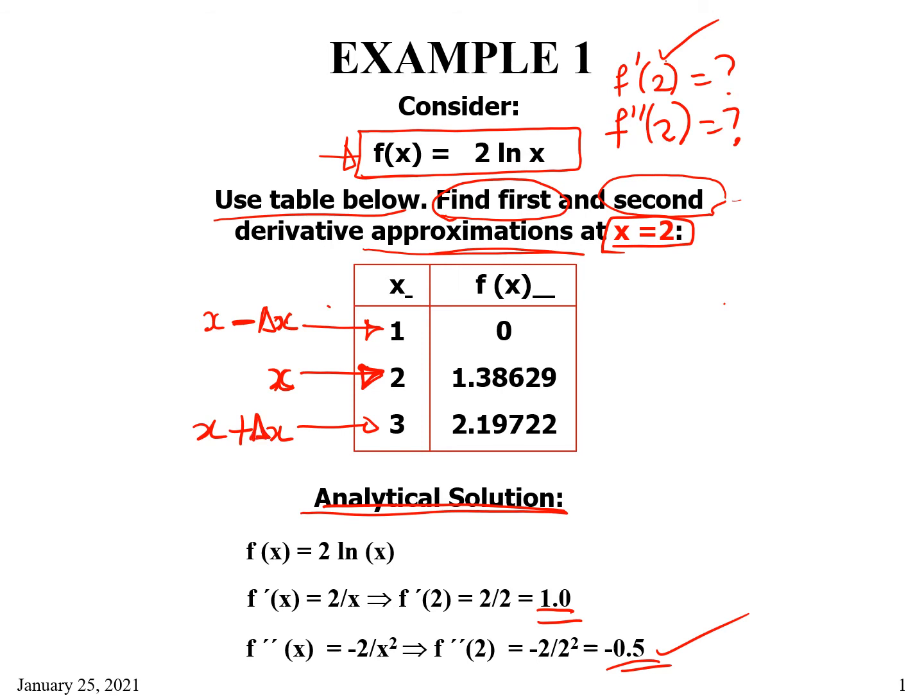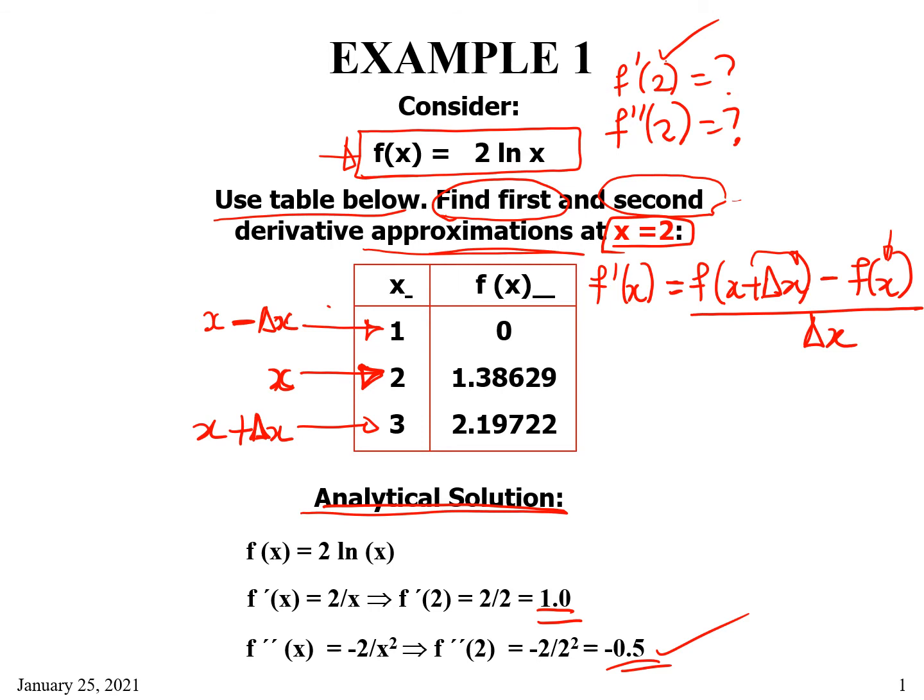So when you have this, you already know if you use forward difference, f prime of x with forward difference is going to be what? You really need to know this equation by heart, right? This is what we learned from high school calculus, right? f of x plus delta x minus f of x, divided by delta x. It's forward because this is forward relative to your x. And now, what's f at x plus delta x? This is f at x plus delta x, 2.19722.